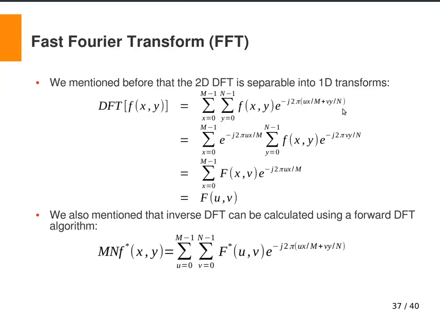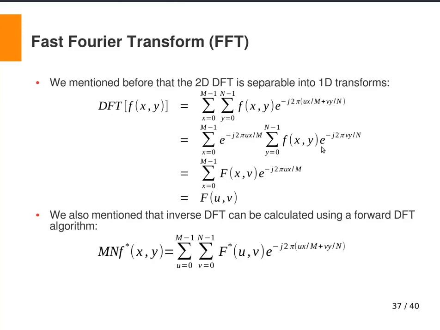In mathematical terms, this is equivalent to separating the two components of this complex exponential function. Instead of having this, we separate it into a function that has only u and x as its variables, and another one that has v and y.